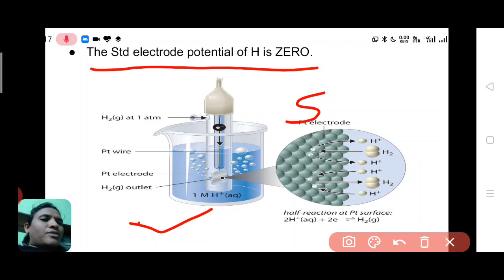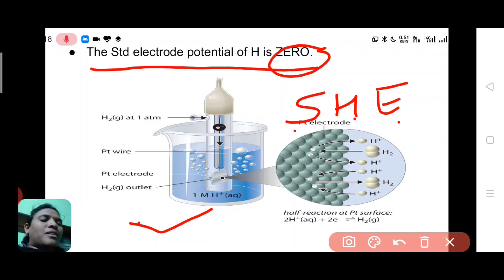In short, it is called SHE, standard hydrogen electrode. So when this standard hydrogen electrode is constructed and its electrode potential is measured in a voltmeter, we find its electrode potential is 0.